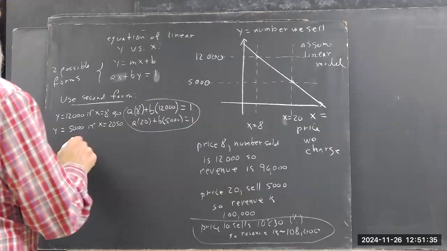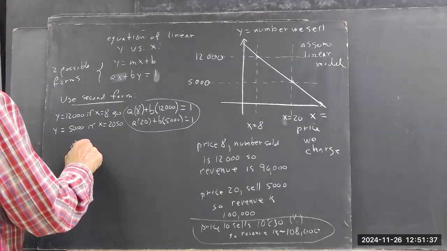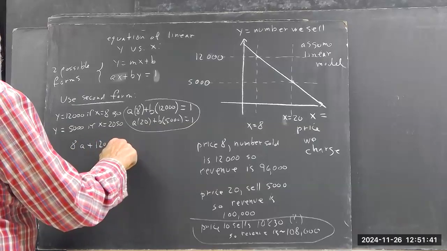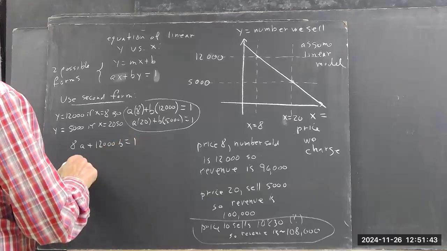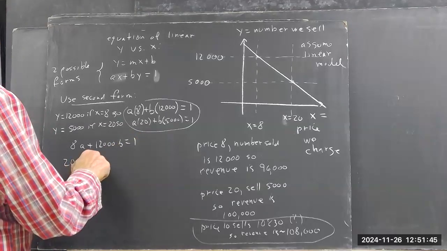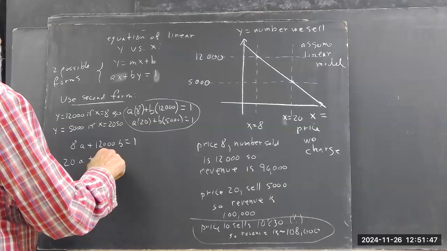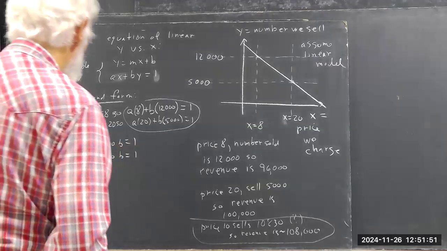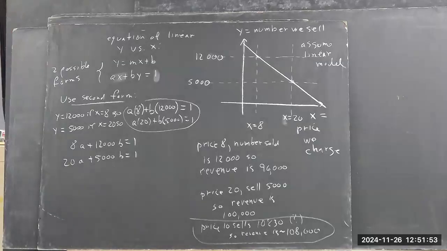Okay. We can rewrite these: 8A plus 12,000B equals 1, and 20A plus 5,000B equals 1. How can we solve these equations?